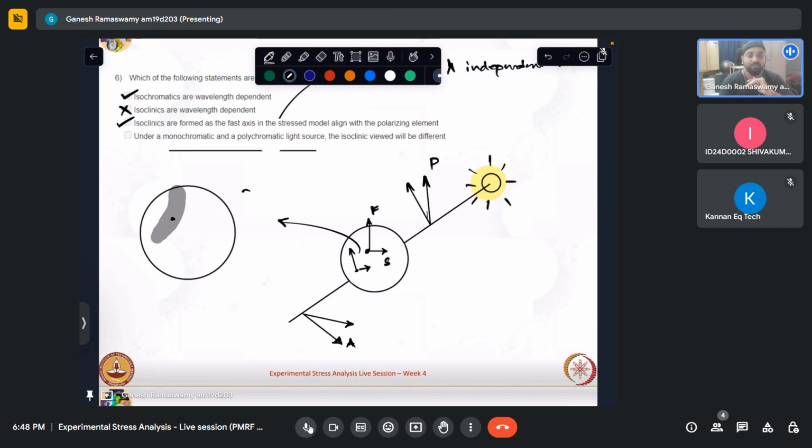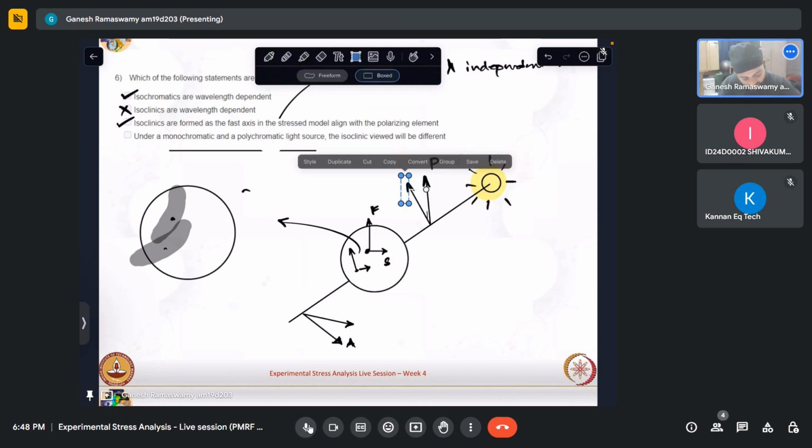So the fringe from here, I'll see that the fringe would have moved here. So there'll be a movement in the isoclinic fringes that I'll observe when I actually rotate the analyzer polarizer crossed combination. So that is another way to differentiate between isochromatic and isoclinic fringes.